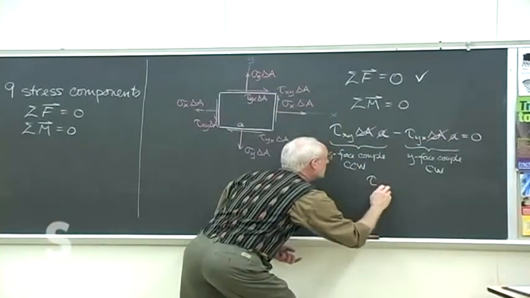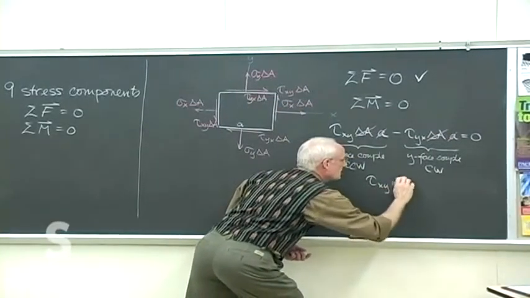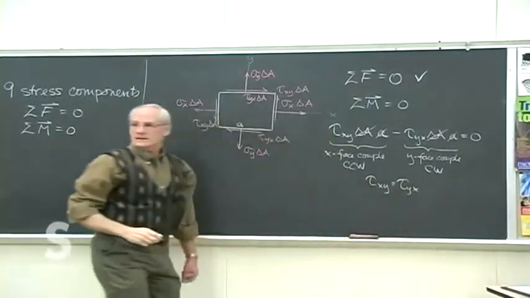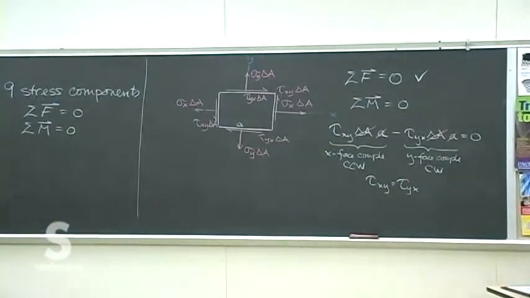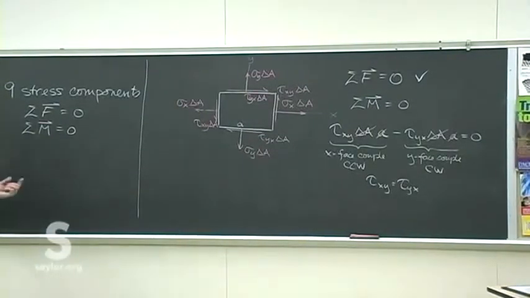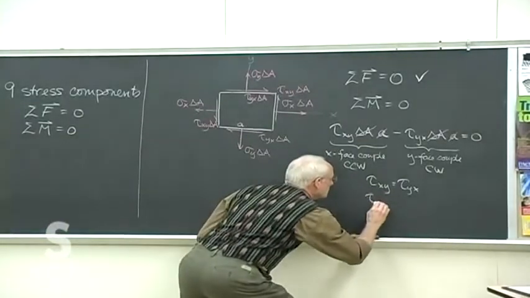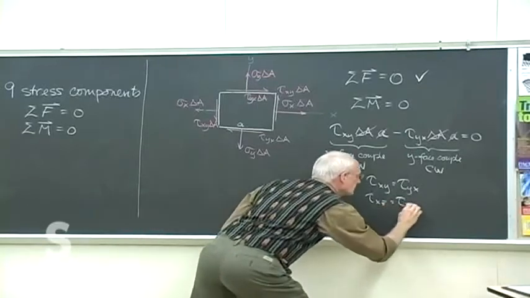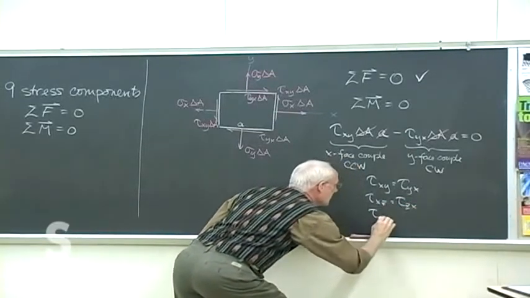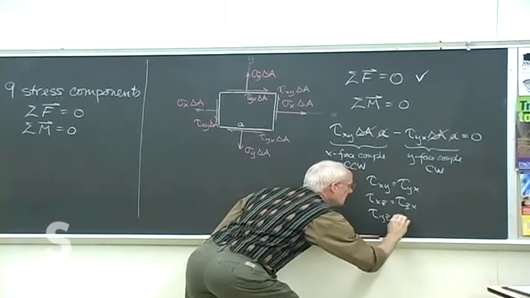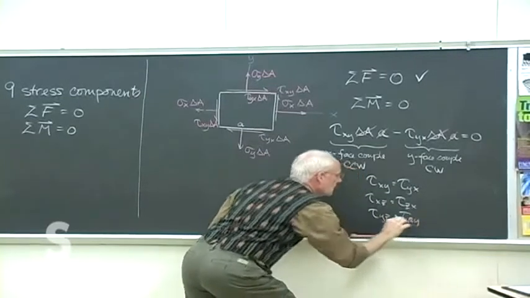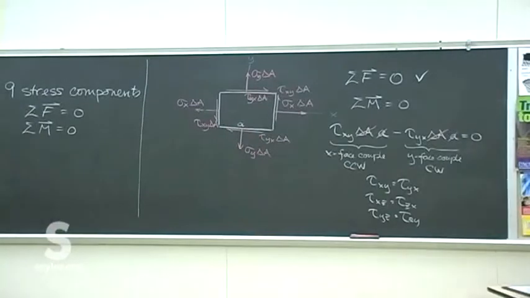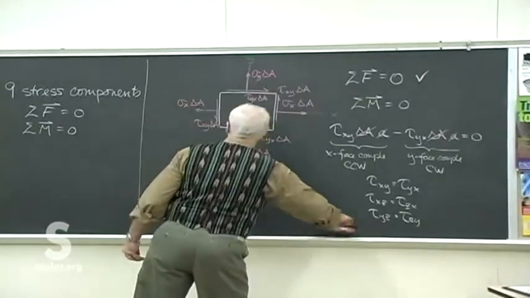Not only is tau xy equal to tau yx, but I can do this on the other faces as well, and I get tau xz equals tau zx, and tau yz equals tau zy as well. Makes things terrifically easier for us.